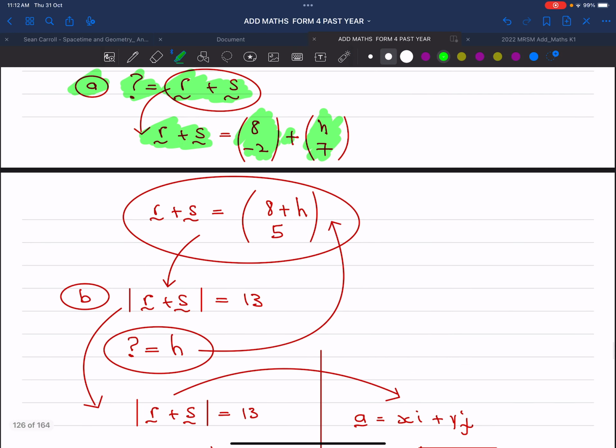We just add 8 plus H on top, and -2 plus 7, which is 5. So our answer, the vector R plus S, equals (8 plus H, 5).